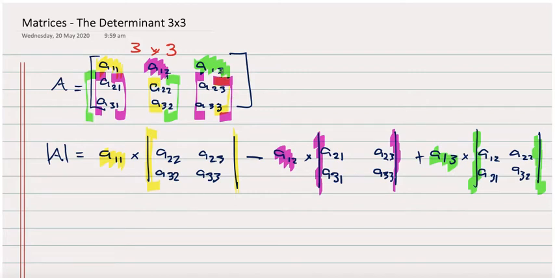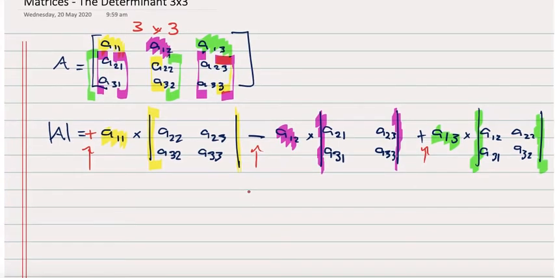So the column we're working on, we never include that in the determinant calculation. And then when we're putting it all together, as we work across the matrix, we alternate between positive, negative, positive. So notice the negative there, and the positive there, and the implied positive here.